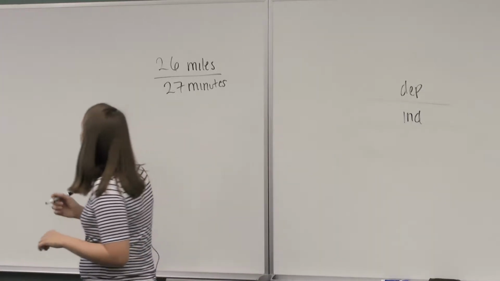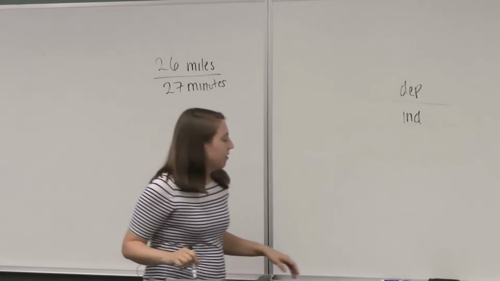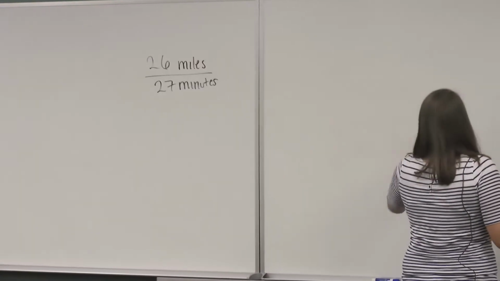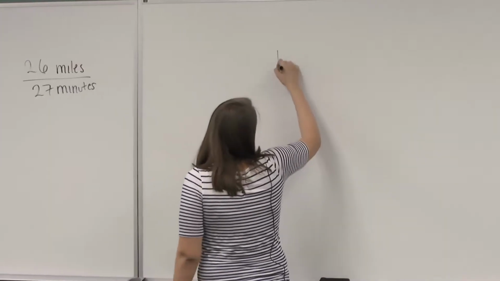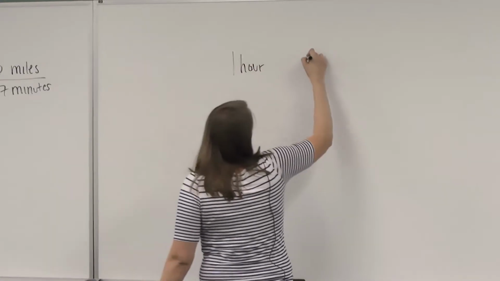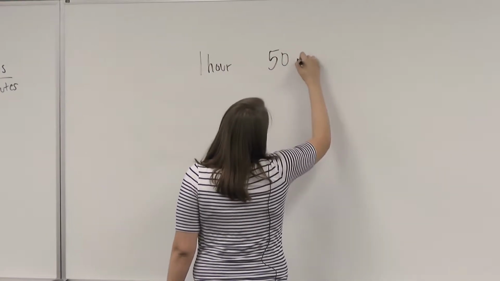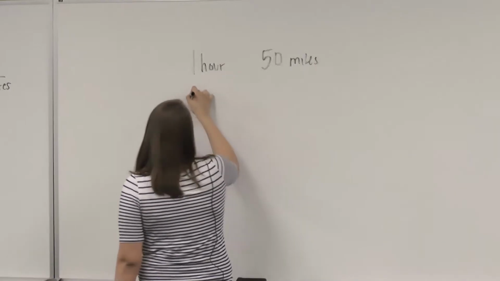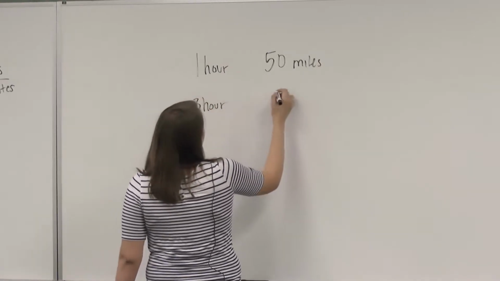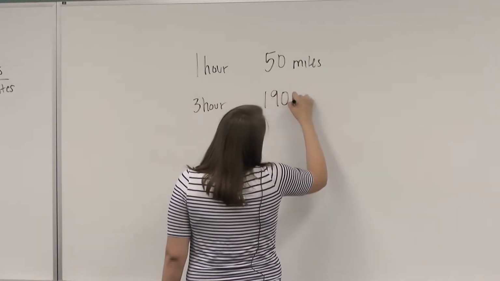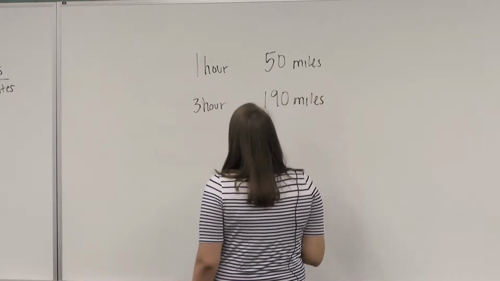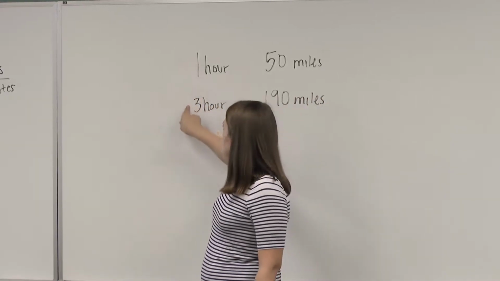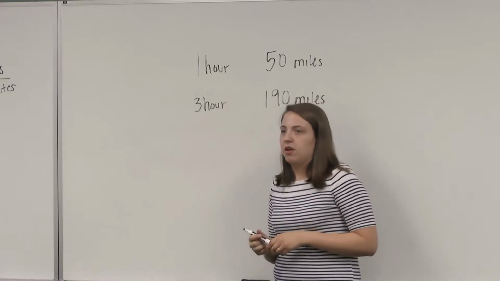Say we were given that at 1 hour, a car had traveled 50 miles, and at 3 hours, that same car had now covered 190 miles. How could we find the rate of change between these two different points of the car?